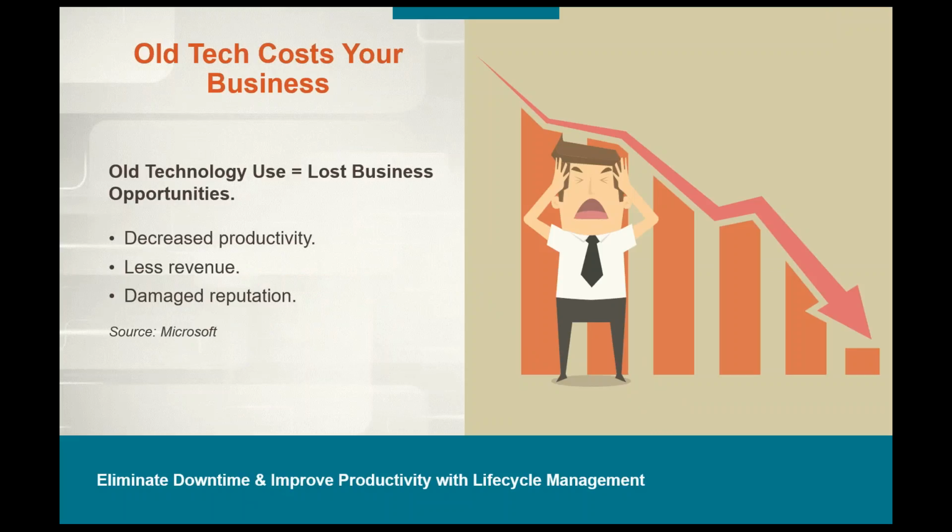So you're losing productivity, or you're losing revenue, and believe it or not, you're also damaging your reputation. If people can't get a hold of you because your technology is broken, if they can't get service when they need service, they can't check on the status of an order when they need to find out, it's going to hurt your reputation.